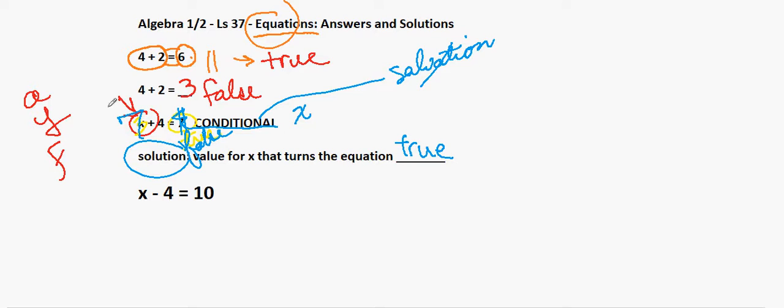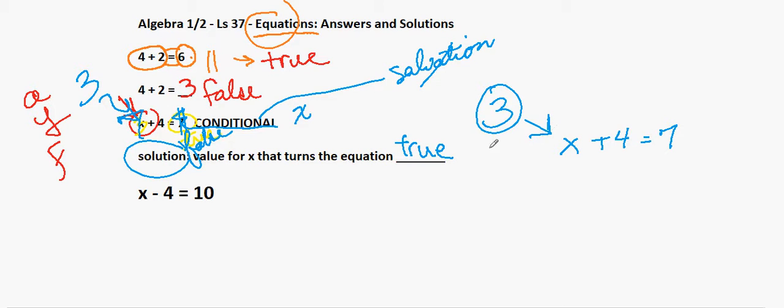Let's say if 3 goes in here and makes it true, if we put 3 into x plus 4 equals 7, then 3 is the value that turned the equation true. The value we decided is x. So that's the solution.